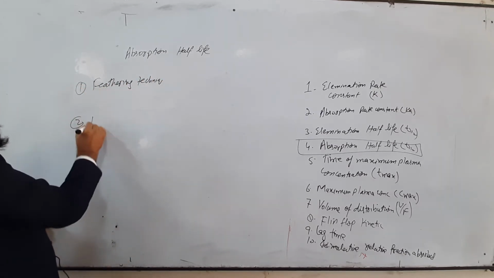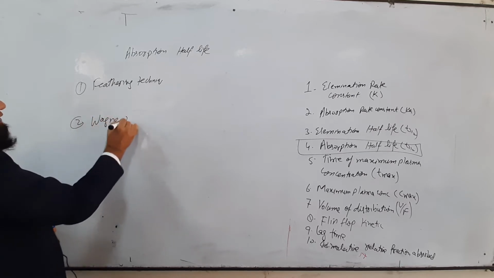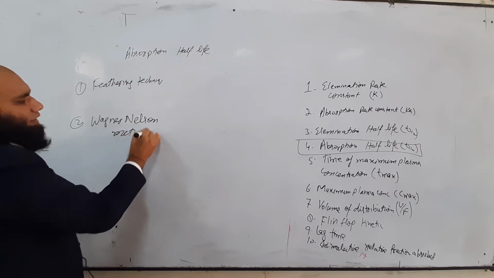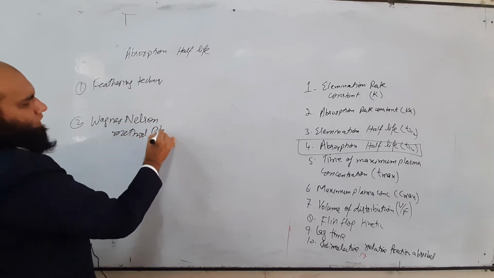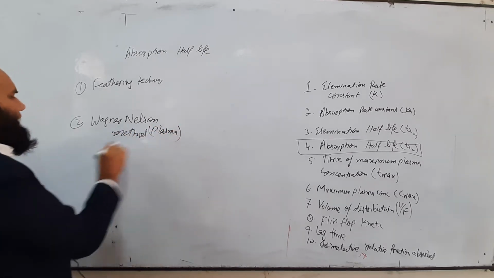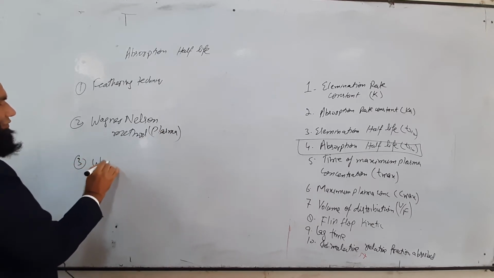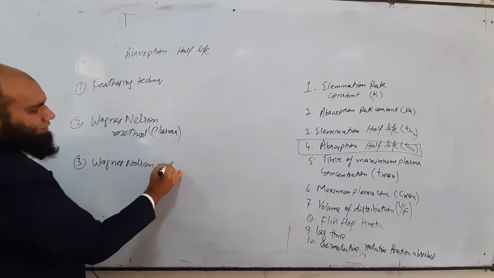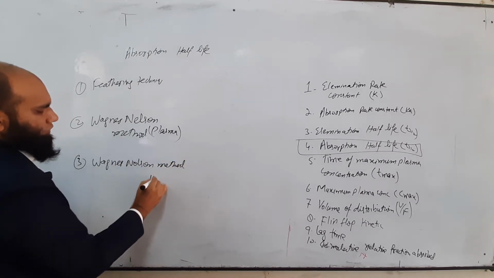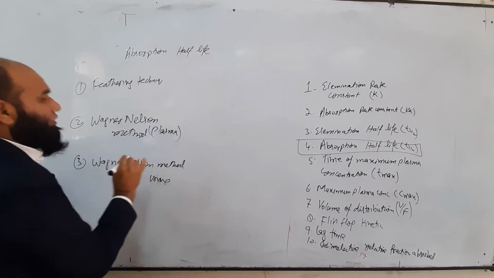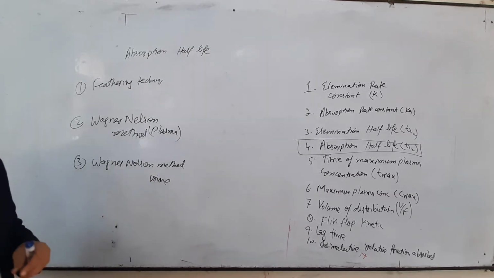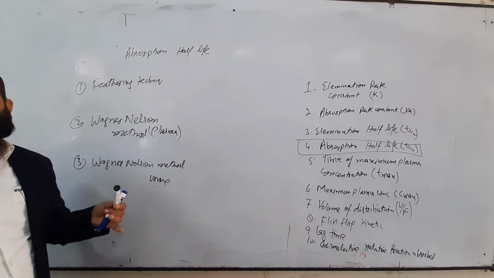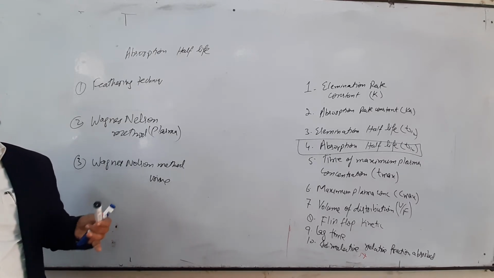Number two, when we use the Wagner-Nelson method for plasma, and number three is the Wagner-Nelson method for urine. These are the three parameters for rate constant Ka. Now we are just connecting this rate constant parameter with the absorption half-life.